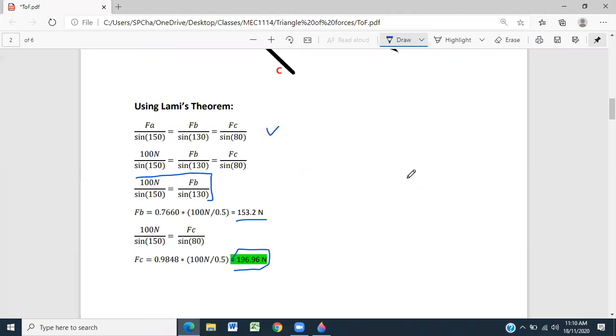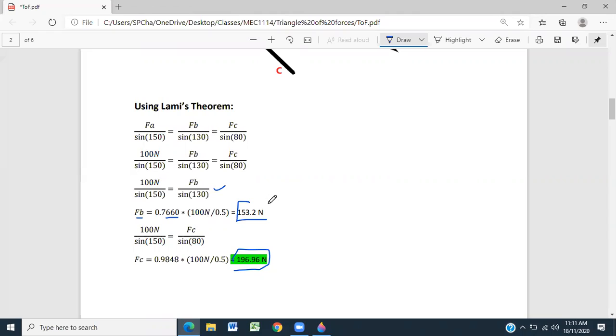All right, so we use Lamy's theorem. We develop these equations. And now we can find B and C using this. So here FB over sine 130, so we create this equation. And then we simply solve for B. Sine of 130 is this, and sine of 150 is 0.5, so we simplify the equation, carry over, solve for FB.